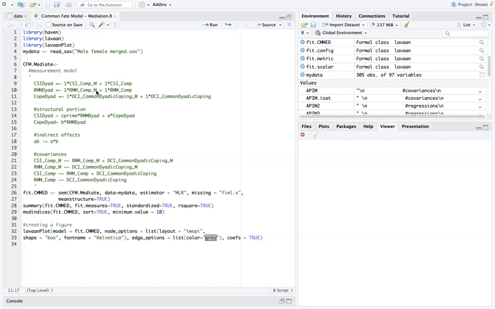What we're going to do is covary all the male reports with one another and all the female reports with one another. So male relationship quality is covaried with male relationship mindfulness and male dyadic coping. And male relationship mindfulness is correlated with male dyadic coping.